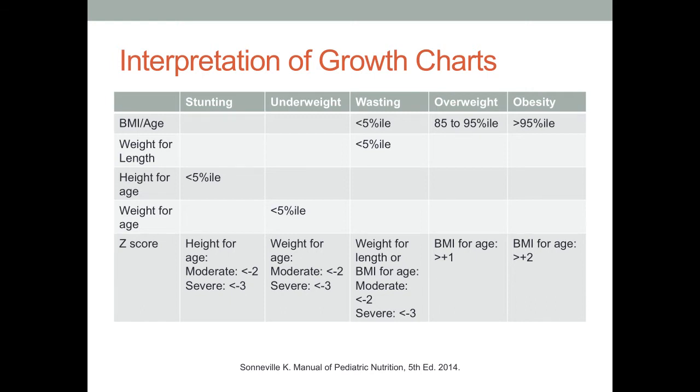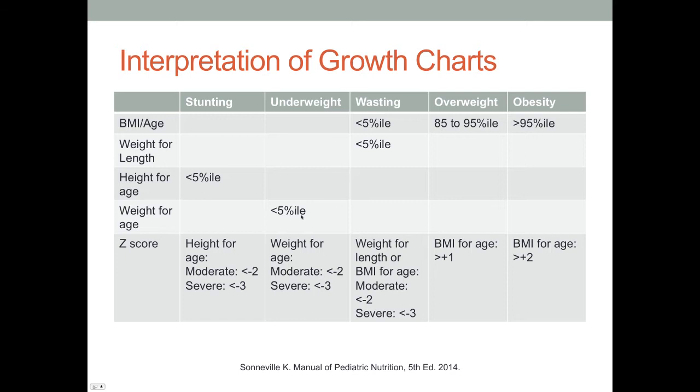We talked about this quite a bit in growth and development, but when you're interpreting growth charts, recognize that if height for age is very low, it can mean one of two things. It can mean simply that they have short stature because they have short parents, or it can be due to stunting. So long-term poor growth leads to low height for age. If they have low weight for age, well, then they can be said to be underweight, under expected weight.